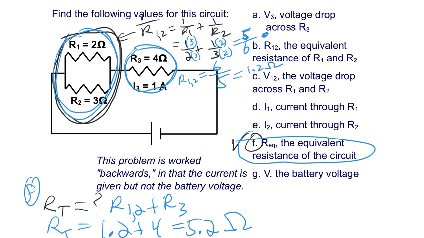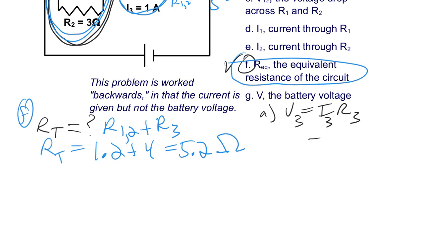Okay, I think we can do letter A now. Just use Ohm's law. This time we have I3 given as 1 in the picture. R3 is also given. So the voltage across resistor 3 is 4 volts.